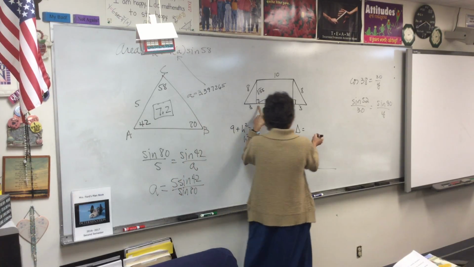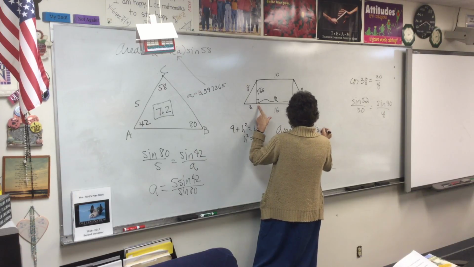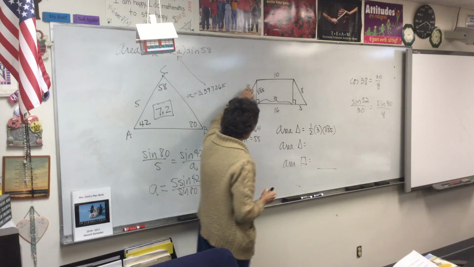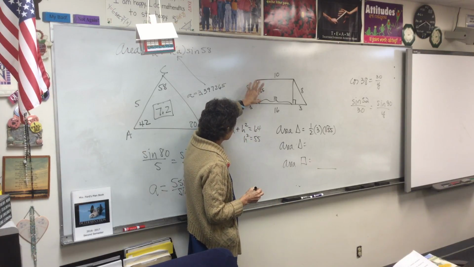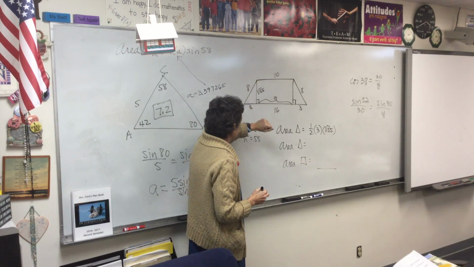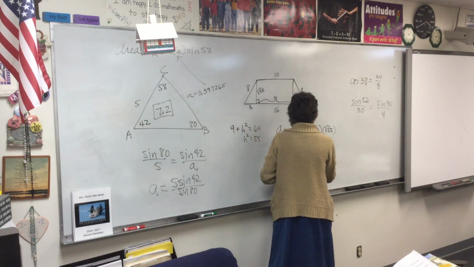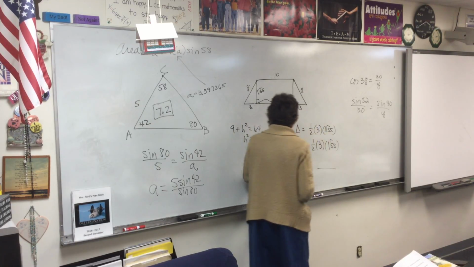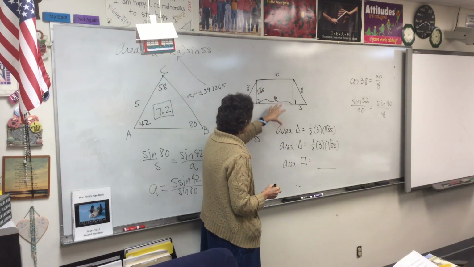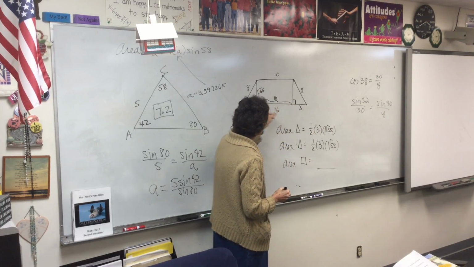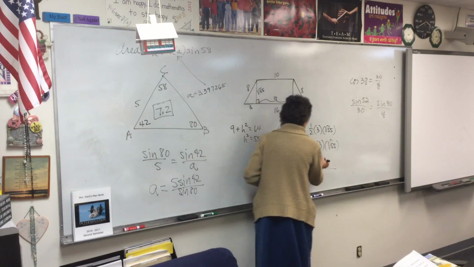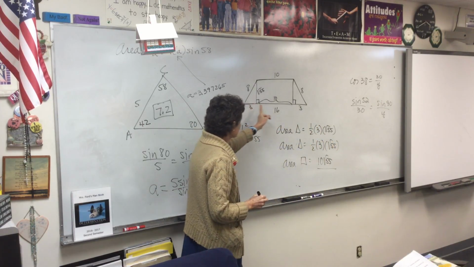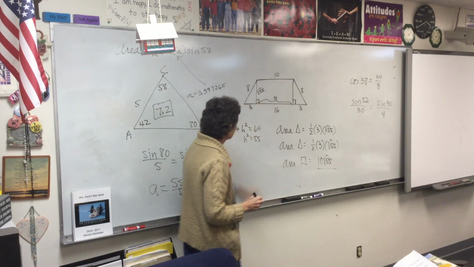So the area of the triangle would be 1/2 the base times the height. That one, of course, is going to match exactly. And the rectangle has an area of 10 times root 55. Base 10, height root 55.